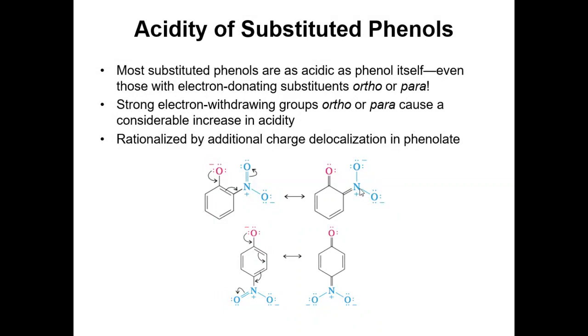If the negative charge goes into the nitro group, it's a more comfortable arrangement, so it stabilizes the molecule. For the 4-nitrophenoxide, you can have a similar resonance form, where the negative charge goes all the way into the electron withdrawing nitro group.